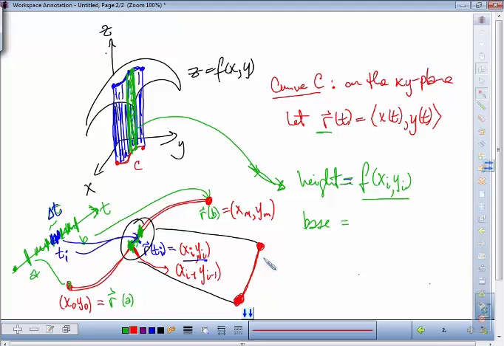Does that question make sense? The tangent vector. Yes. The delta t is going to help us shrink it down to whatever. So let's take a look at the tangent vector here.